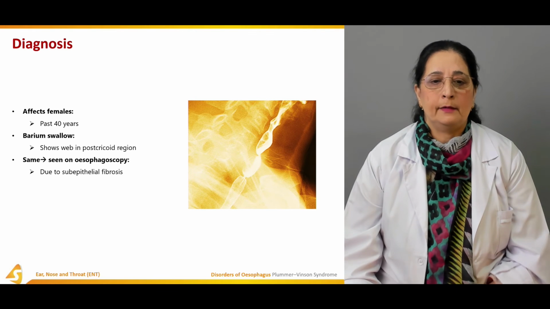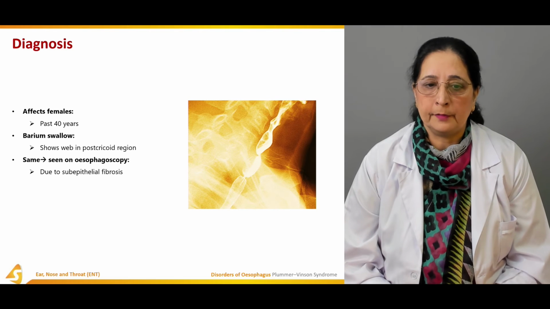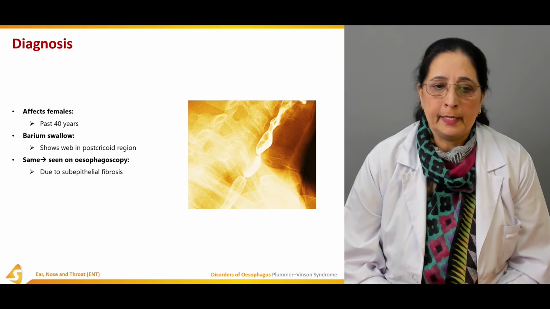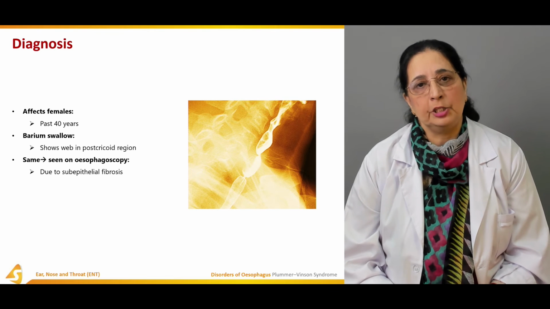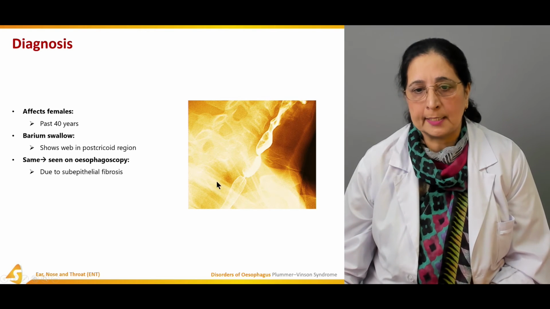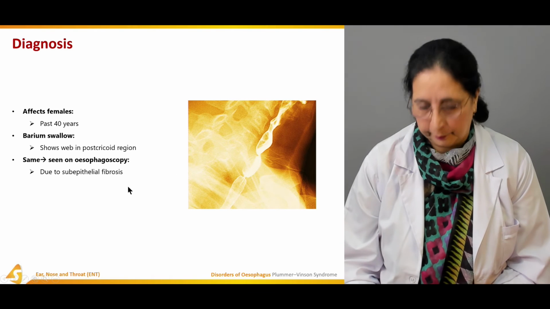So it affects females after 40 years. There is formation of a web in the post-cricoid region. So esophageal webs are present, and these webs are formed due to subepithelial fibrosis.